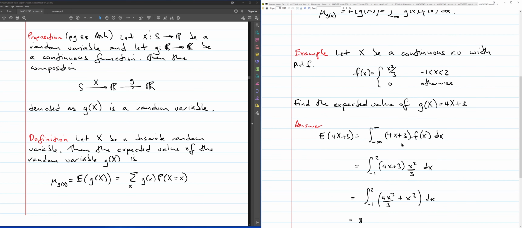Okay, so let's see this example. I have x as a continuous random variable with this PDF.